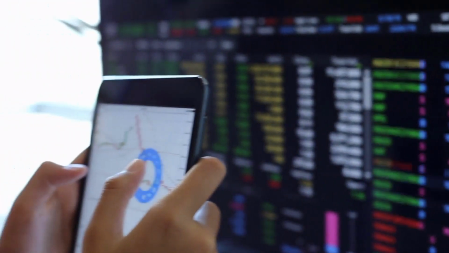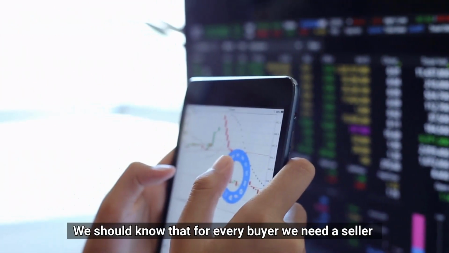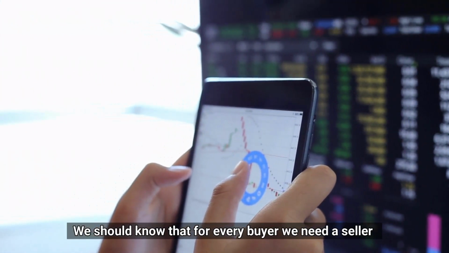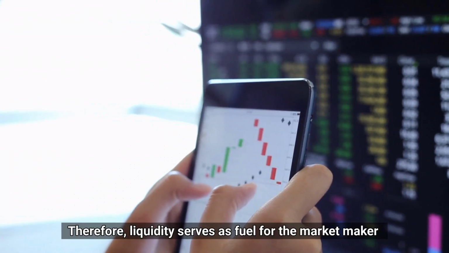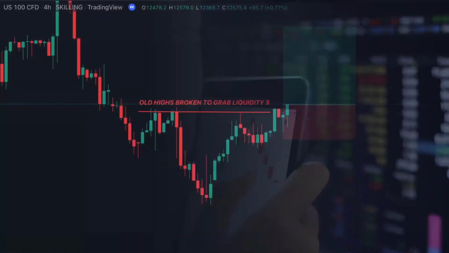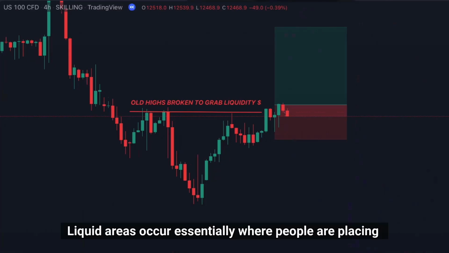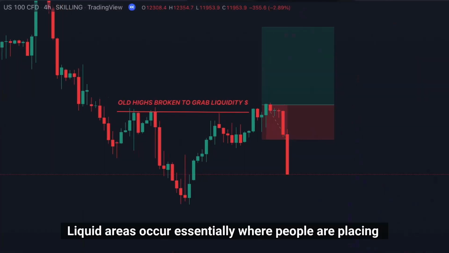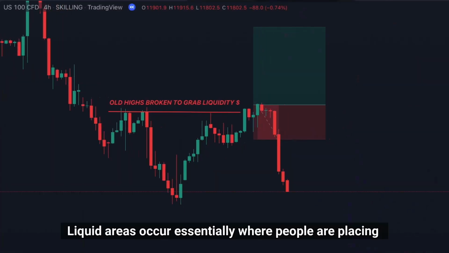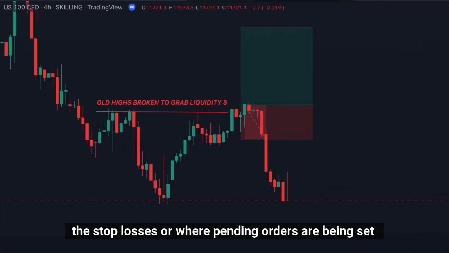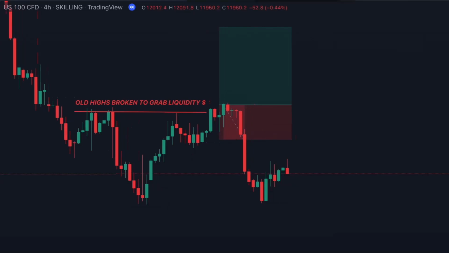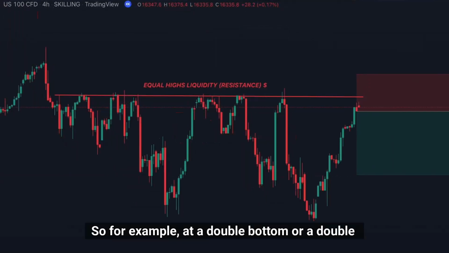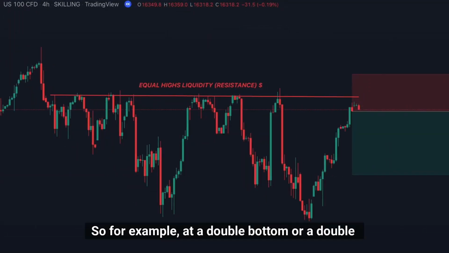We should know that for every buyer we need a seller. Therefore, liquidity serves as fuel for the market maker. Liquidity areas occur essentially where people are placing the stop losses or where pending orders are being set. So for example, at a double bottom or a double top, we have liquidity sitting there.